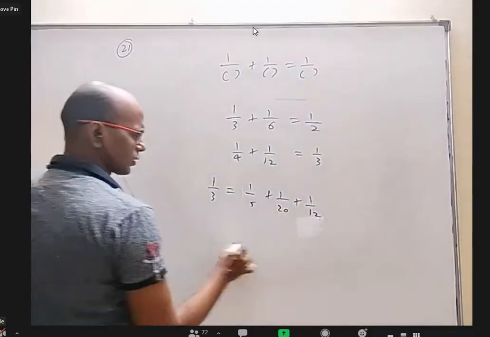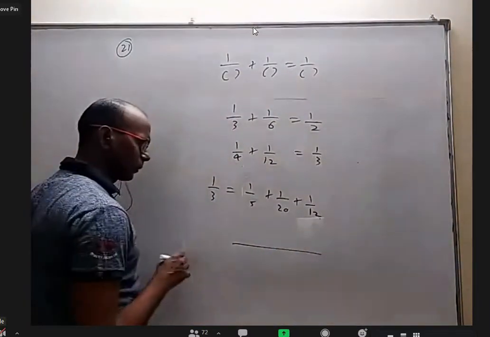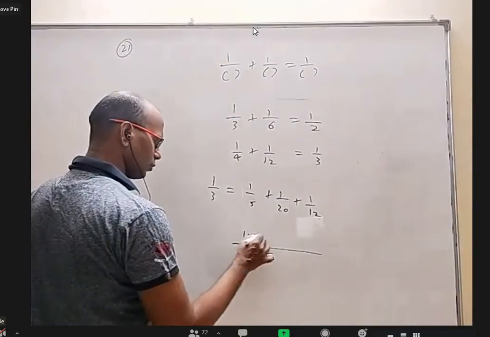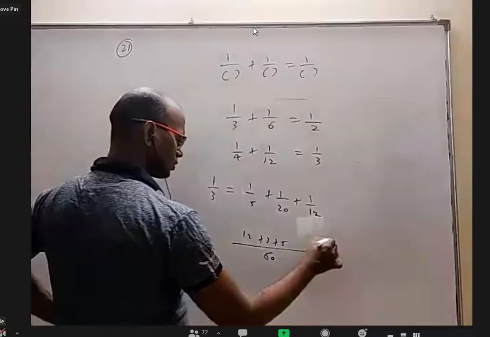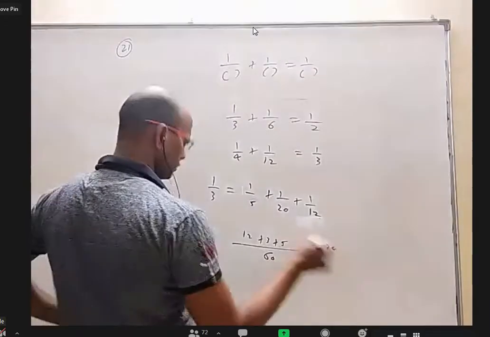Let me check whether this is correct or not. What is the LCM of these things? 60, 5 12s, 23s, 12 5s, which is 15, 20 by this, right? Okay.